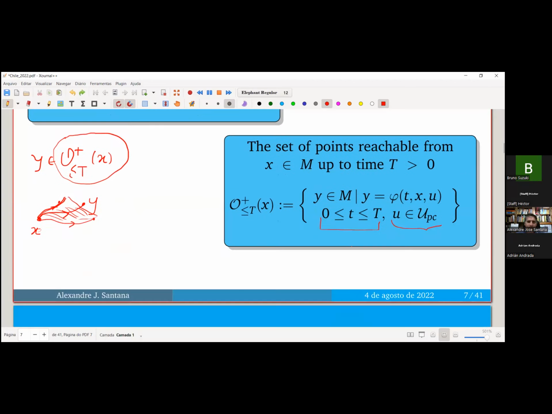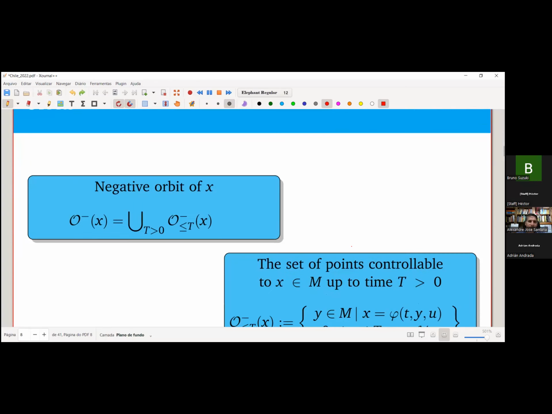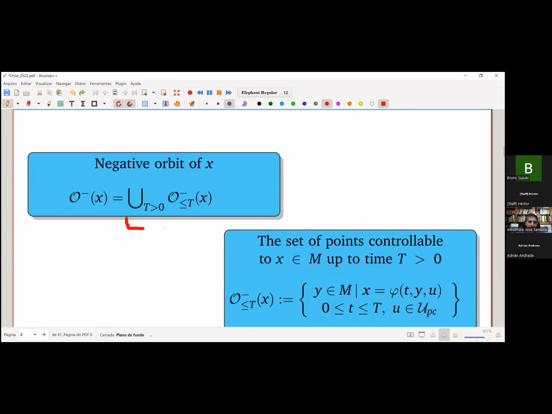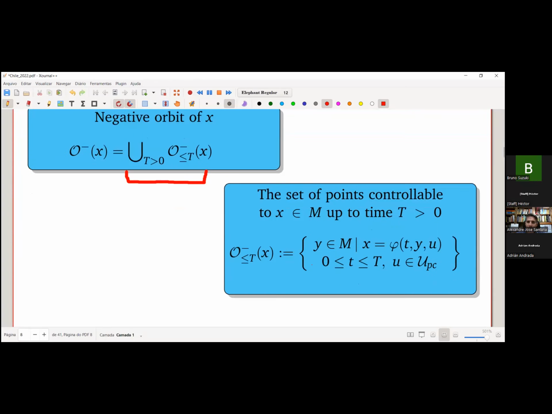And similarly, we have the negative orbit. The definition is very similar, but here we are just considering the points y in M such that we can reach x from y.